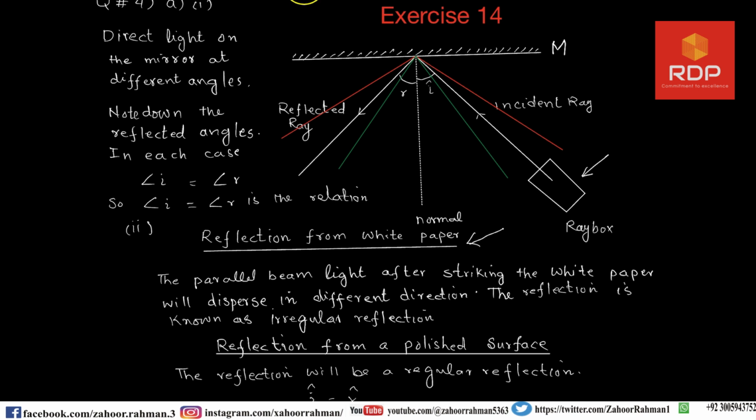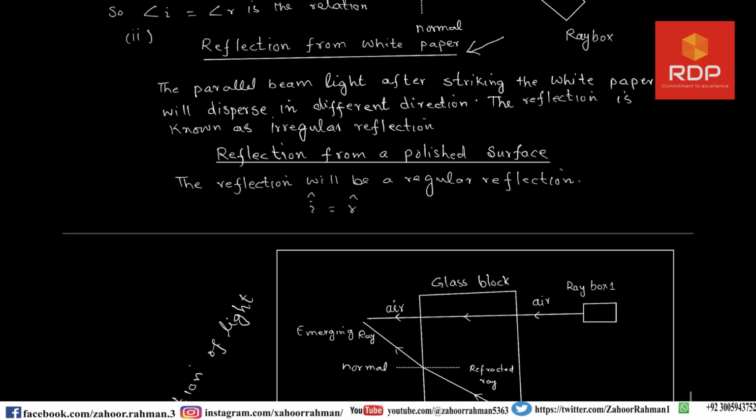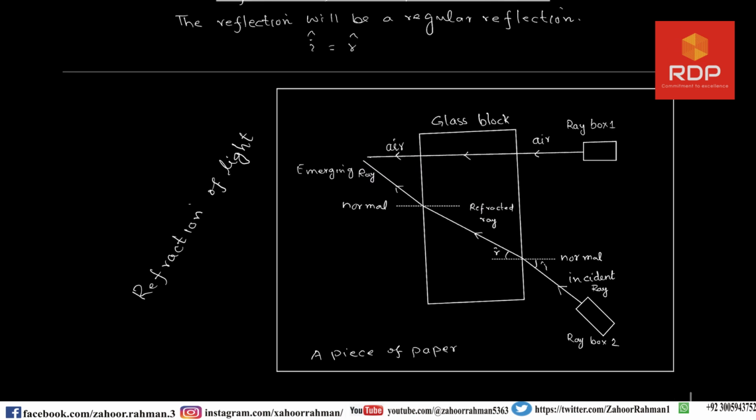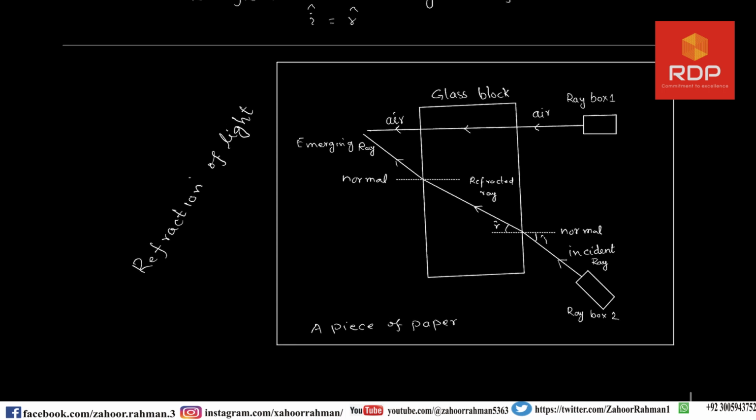So that is called irregular reflection, and if it is from a polished surface, the reflection will be a regular reflection. In that case, angle I will be equal to angle R, and we know that from the theoretical portion.